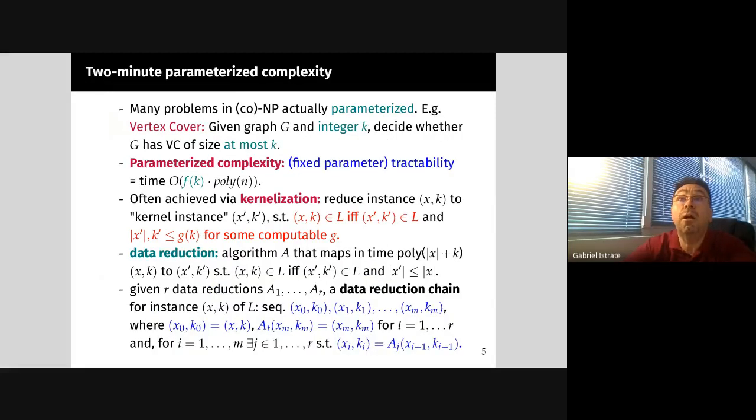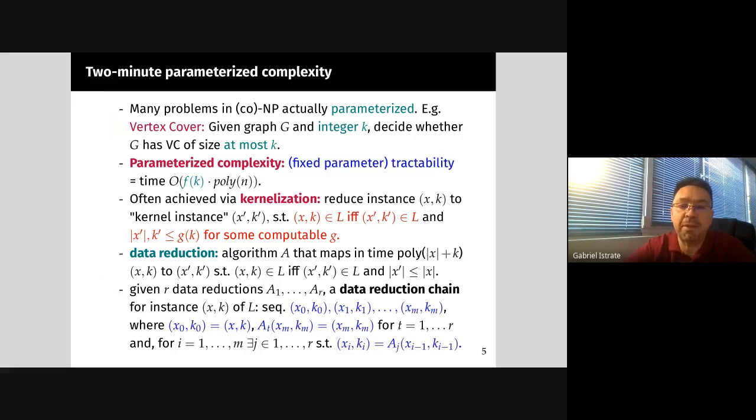Okay, now a 2-minute course on parameterized complexity. So we're going to start with the observation that many problems in NP or in co-NP are actually parameterized. For instance, when you're talking about an instance of vertex cover, you're given a graph, but you're also given an integer k. And you want to decide whether the graph has a vertex cover of size at most k.